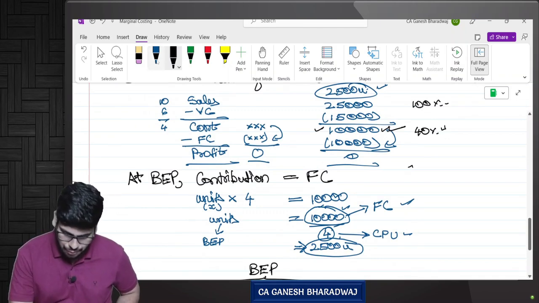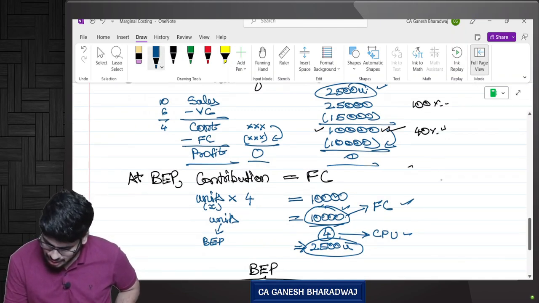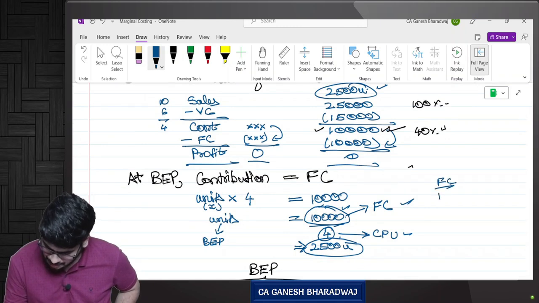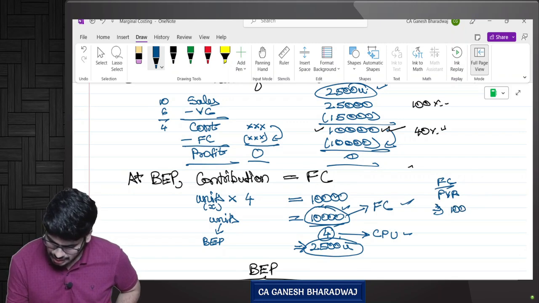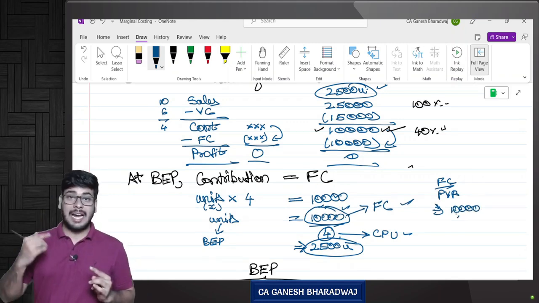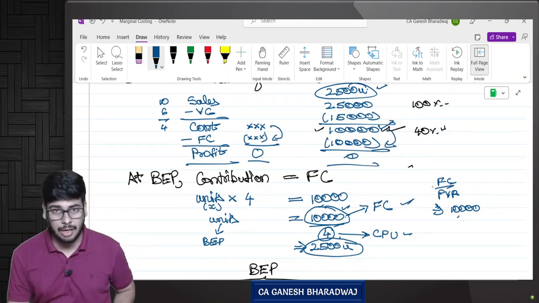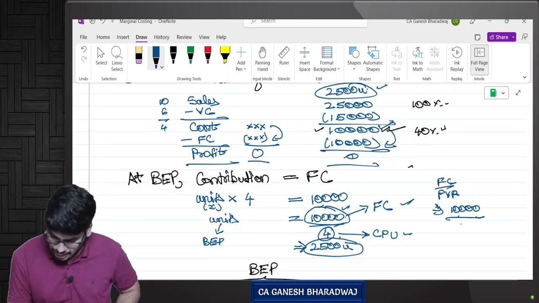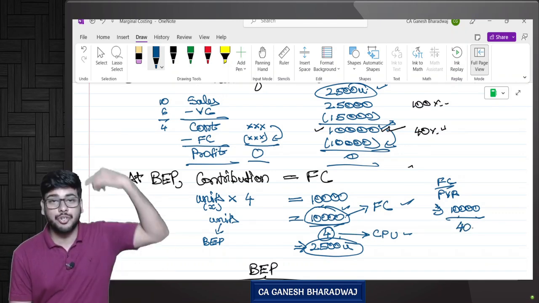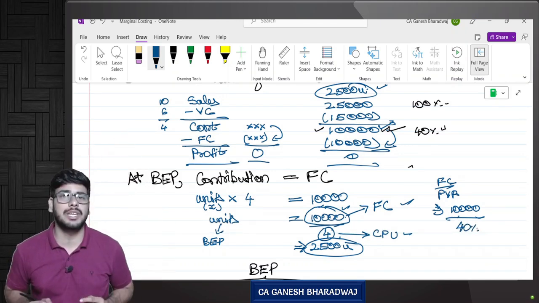In this case, fixed cost divided by PV ratio is nothing but how much? How much is the fixed cost? 10,000 rupees, correct? Because at break-even point, my contribution should recover exactly the fixed cost. So this is the required contribution. If that is 40%, how much should be my required sale? That is what we need to find out.